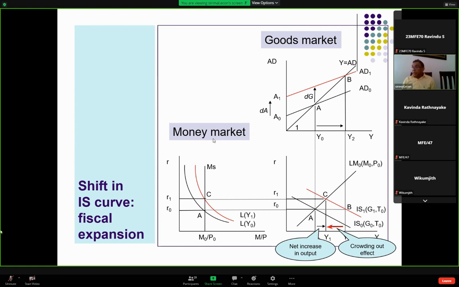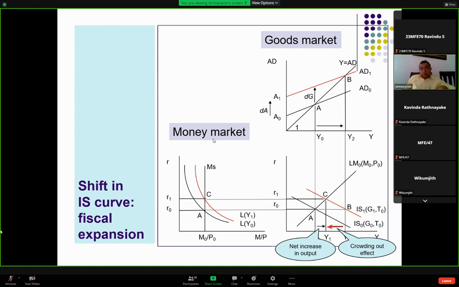Crowding out effect, is it a fixed amount that we will have always some degree of trade-off with the increase in government spending? Or in other words, is the crowding out effect fixed at a given amount?